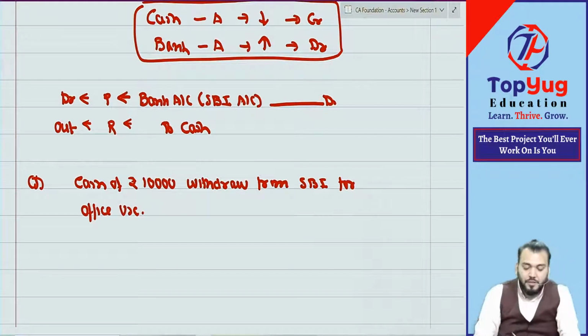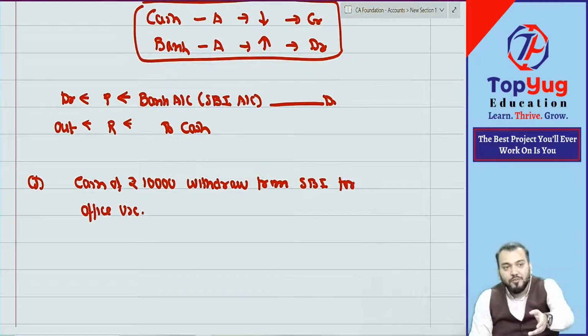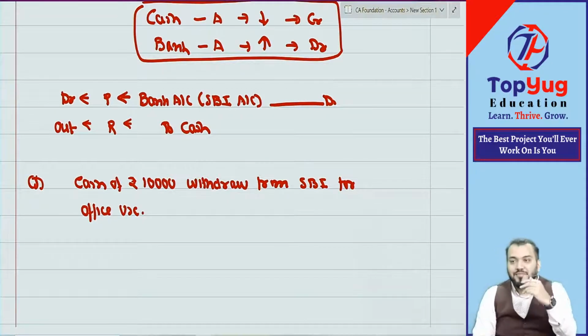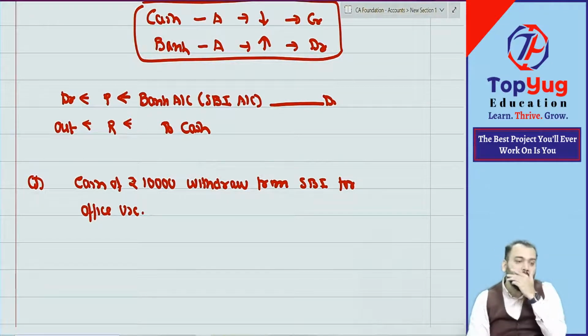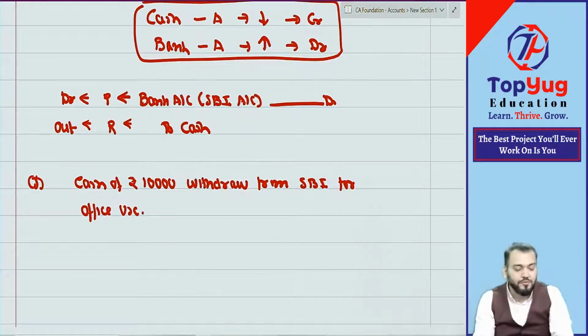Understood this point? So cash was withdrawn from bank, for office use.